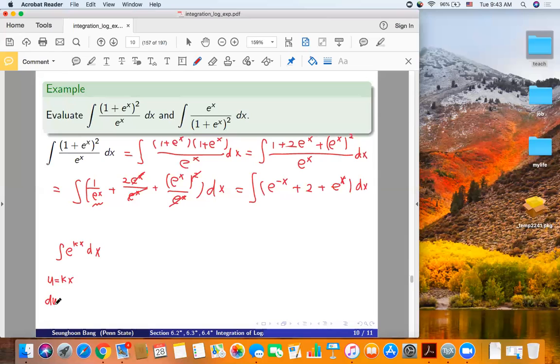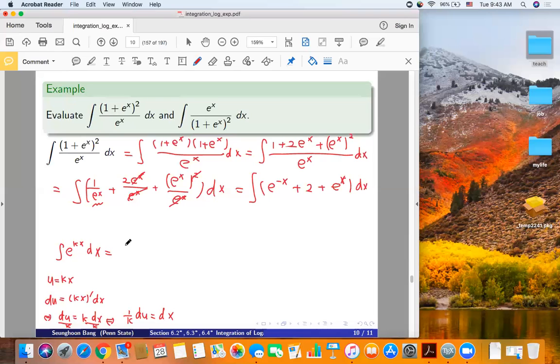Find du. du is kx prime dx. So we have du equals k dx. Next, divide by k. This is the same as 1 over k du equals dx.